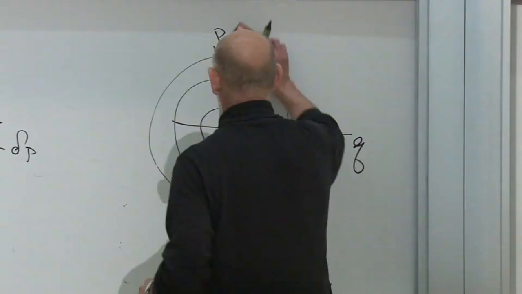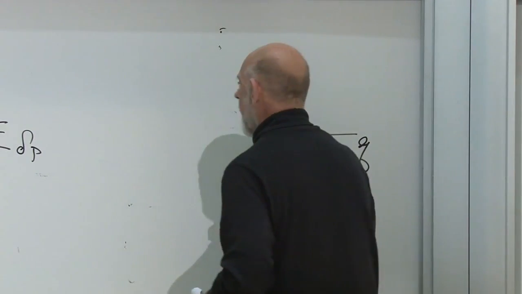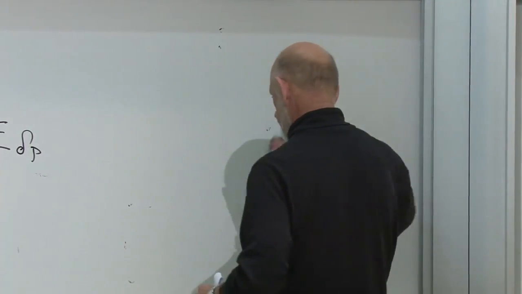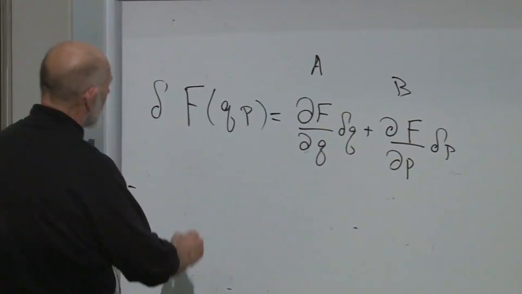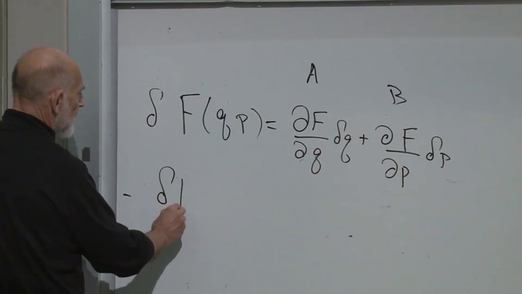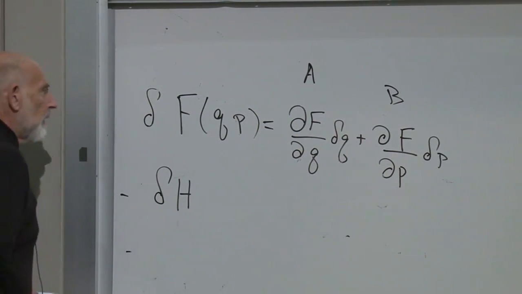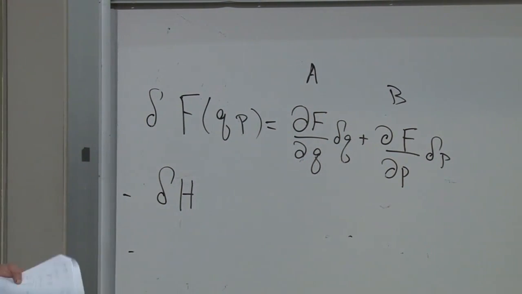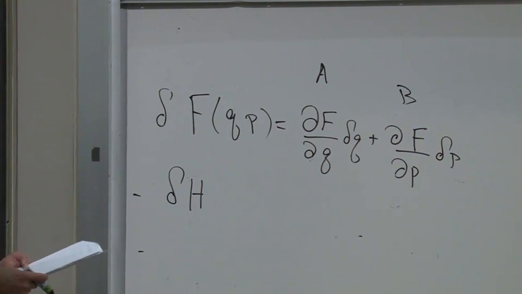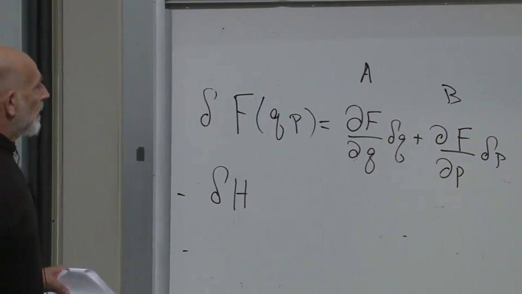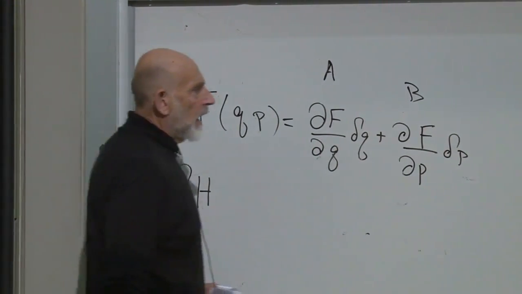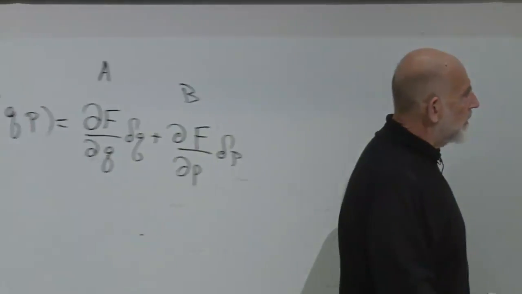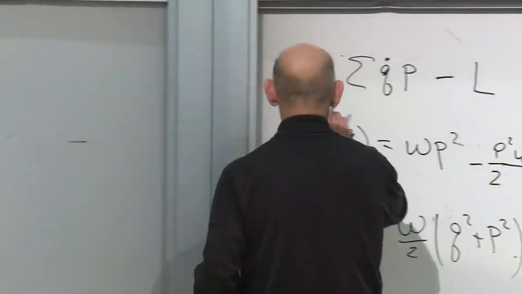And we've used it before, but let's apply it to the Hamiltonian itself. Let's write the change in the Hamiltonian when I make a little change, whatever that change happens to be. Except now, I'm not going to tell you what the Hamiltonian is in terms of q and p.